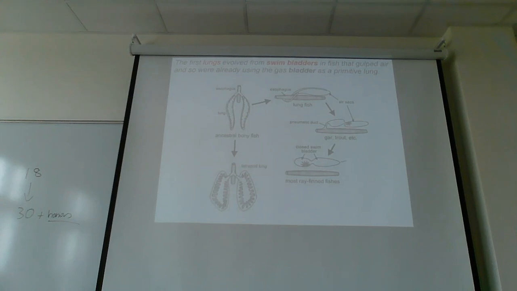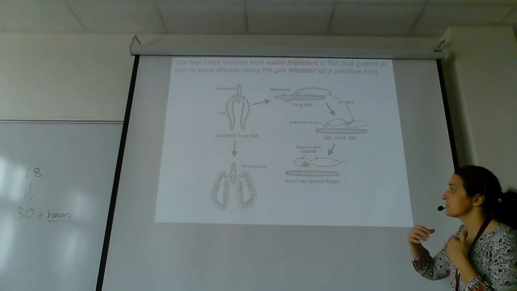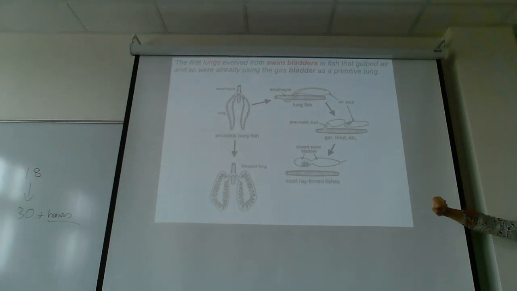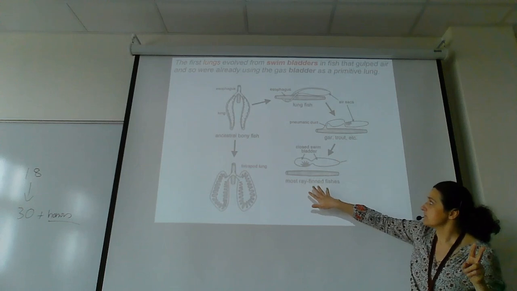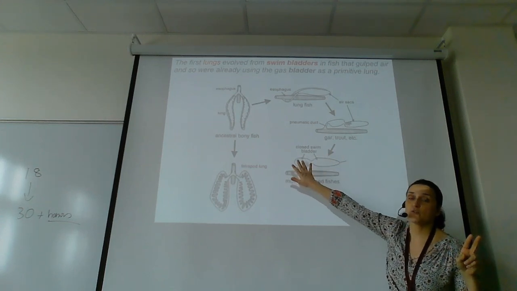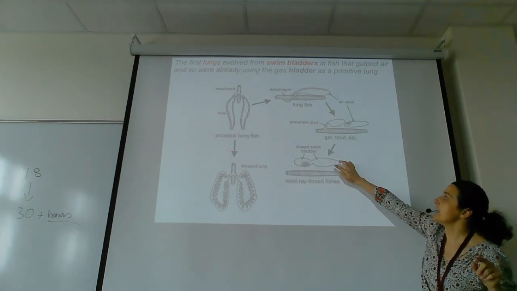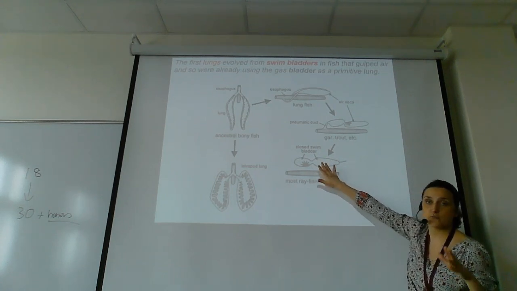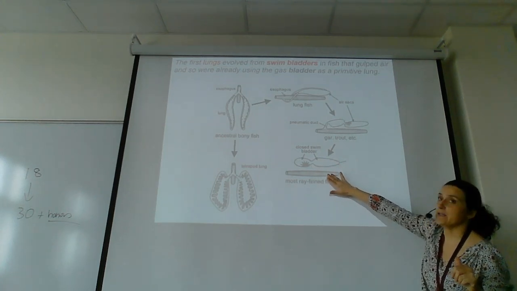But in some fishes, though, this gas bladder may have a connection with the esophagus area. So there are two types of bony fishes. One is, and these are most of the ray fin fish, they have no connection between the gas bladder or swim bladder, whatever you want to call it, and the esophagus.